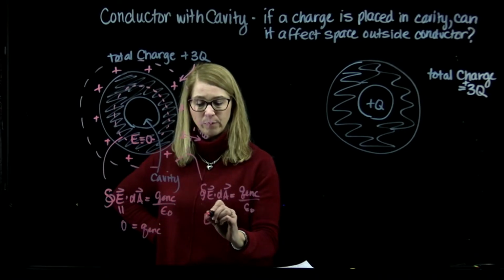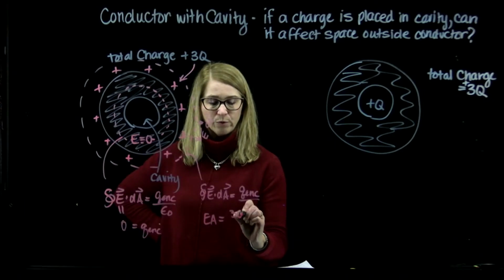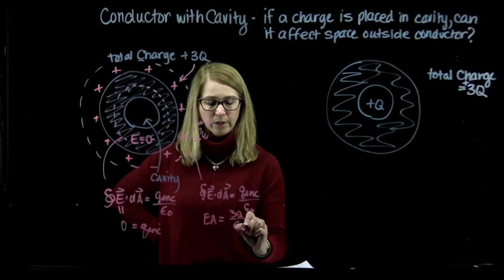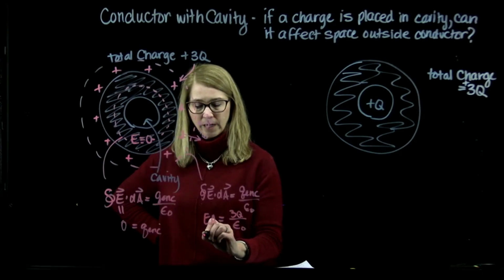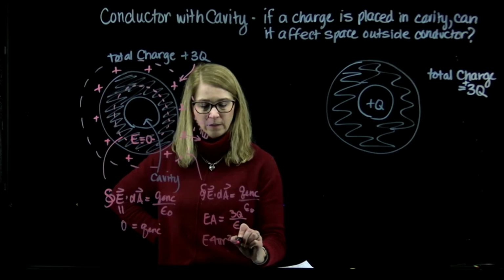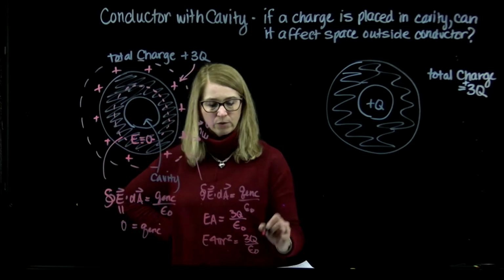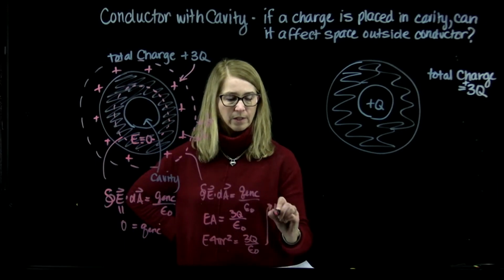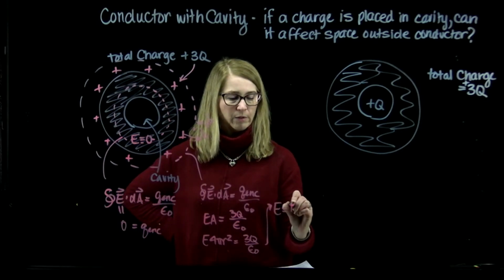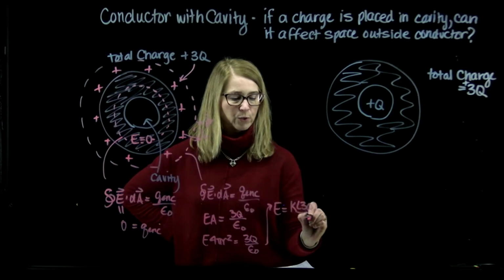So this ends up being just E times A is equal to the charge enclosed, which is plus 3Q over epsilon naught, and the area is 4 pi r squared, and that's equal to 3Q over epsilon naught. And so the end result is that the electric field can be written as K times 3Q over r squared.